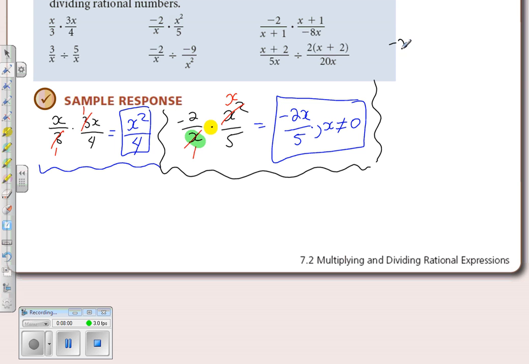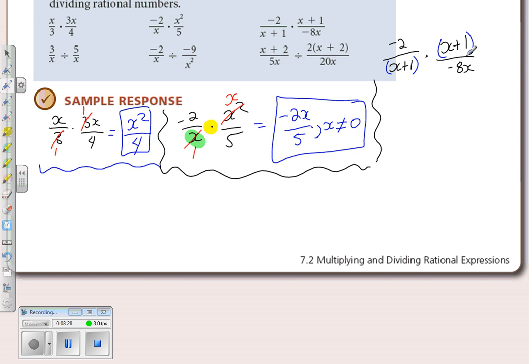So now we've got negative 2 over x plus 1 times x plus 1 over negative 8x. Can't reduce within the fractions. And I'm going to tell you right now, whenever you have binomials, always think of it as brackets.